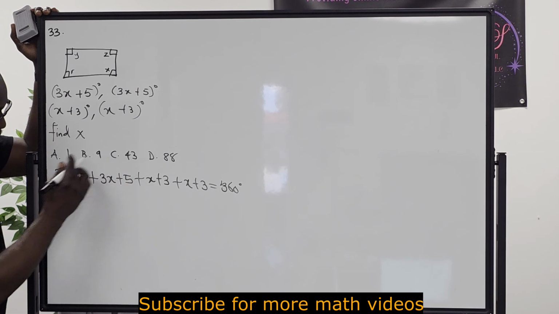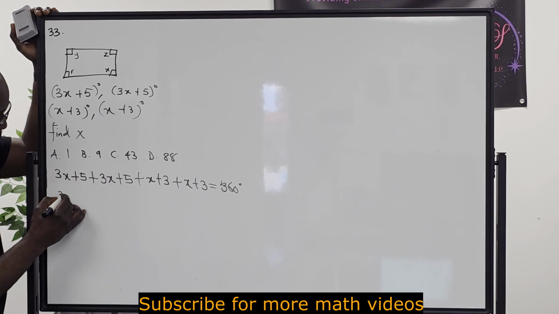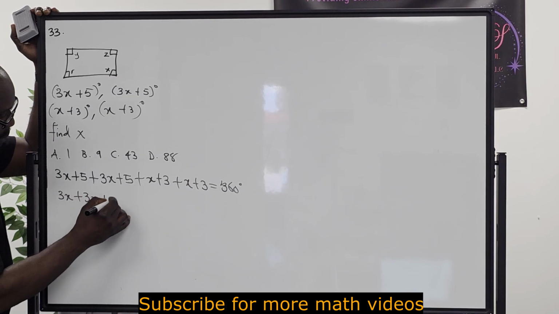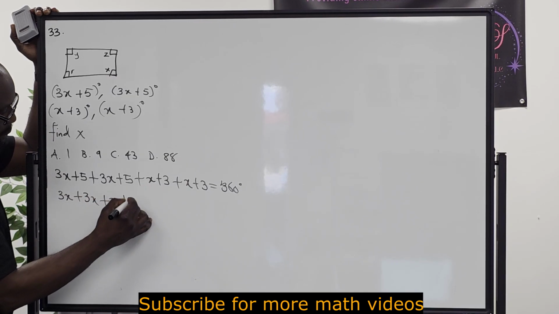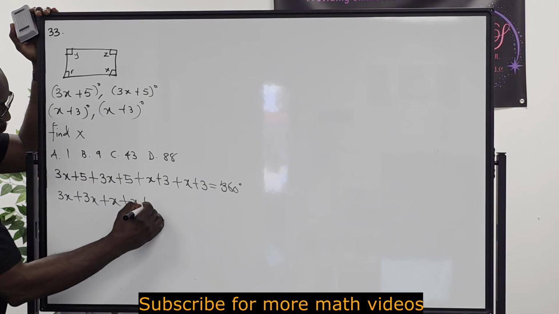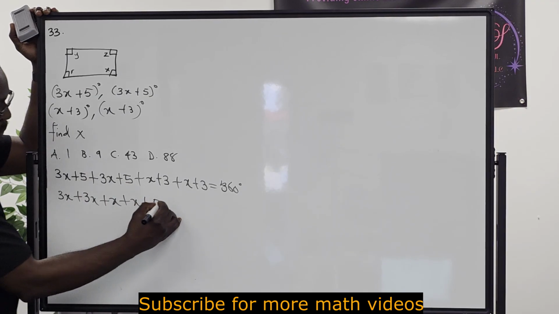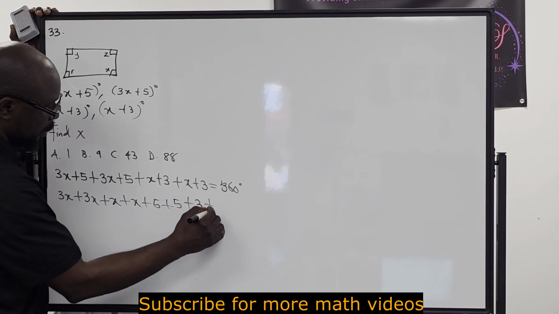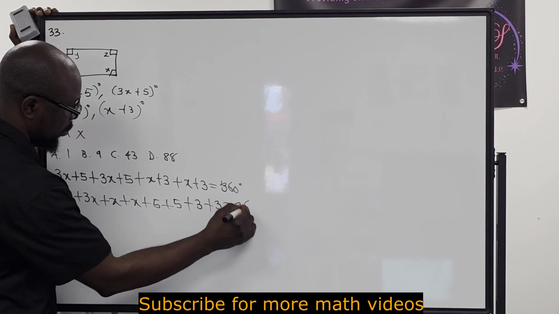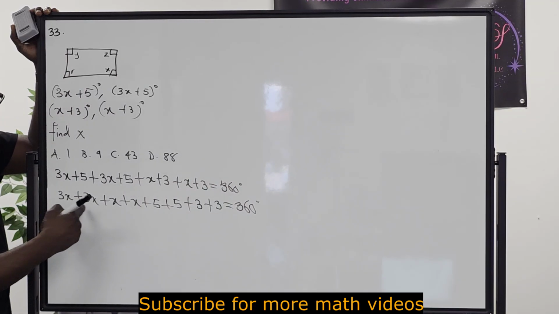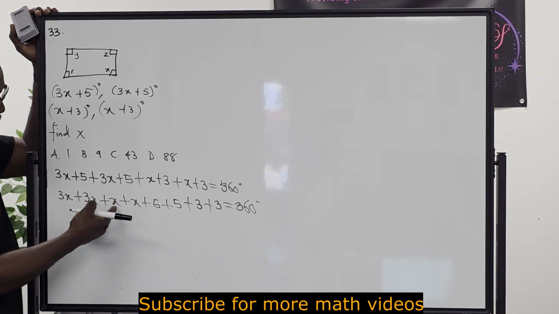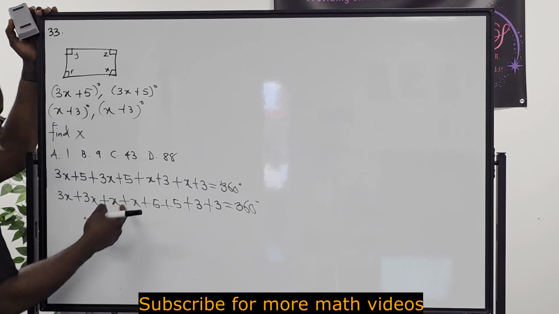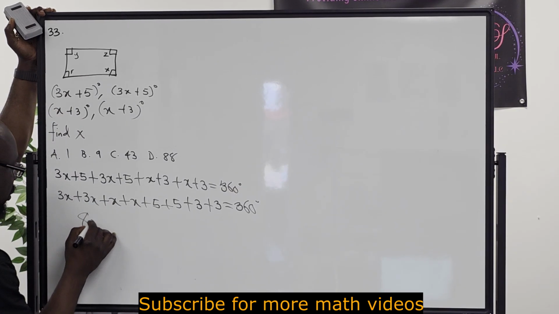By rearranging it, you have 3x plus 3x plus x plus x, then plus 5 plus 5 plus 3 plus 3 is equal to 360. 3x plus 3x is 6x plus x is 7x plus another x is 8x.